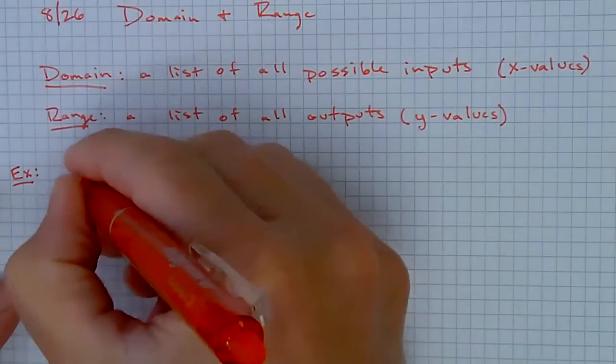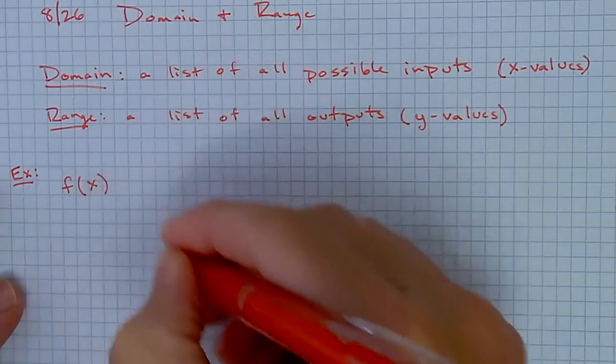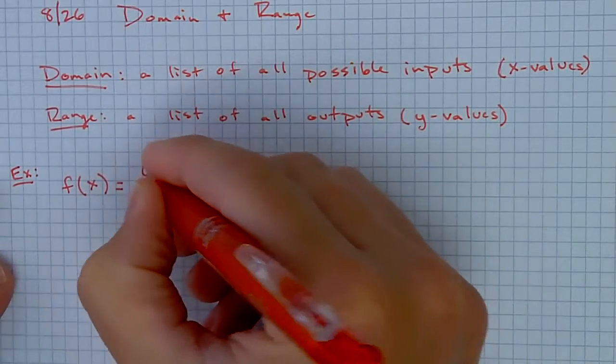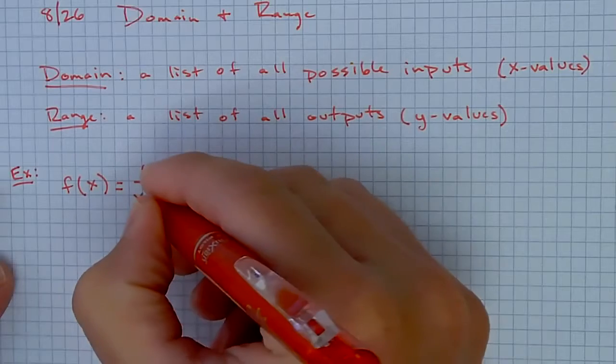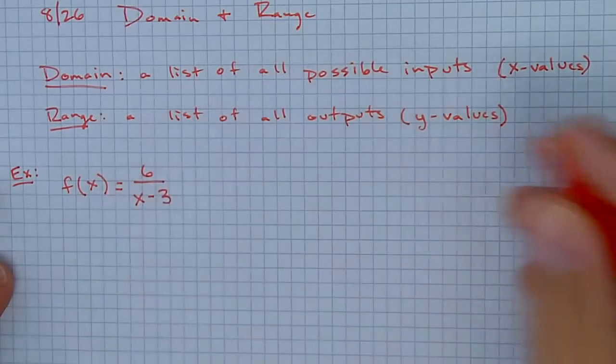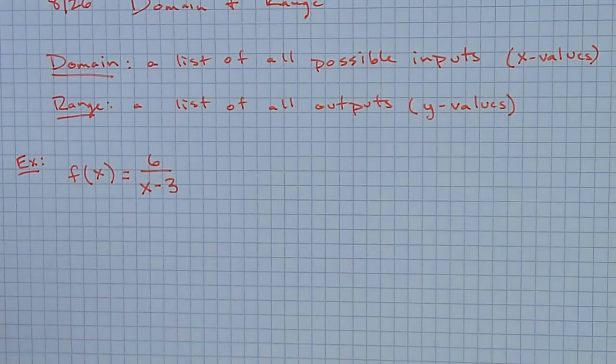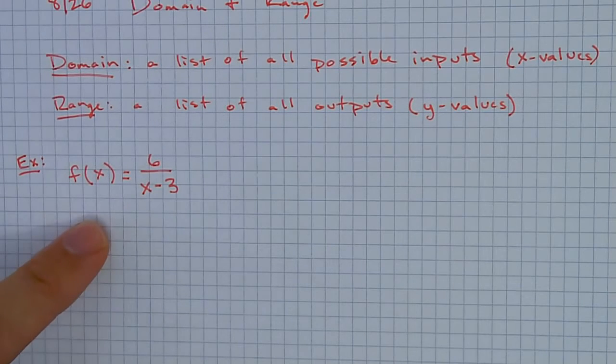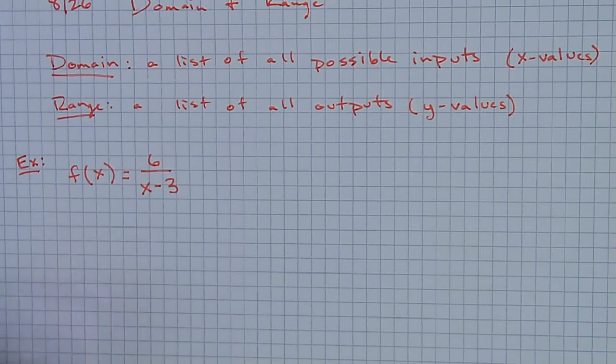So let's take a look at some examples here. For this one, we get f of x equals 6 over x minus 3.